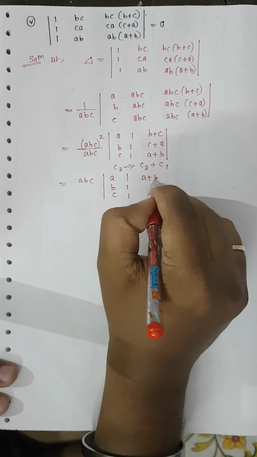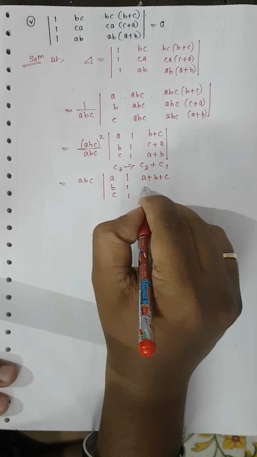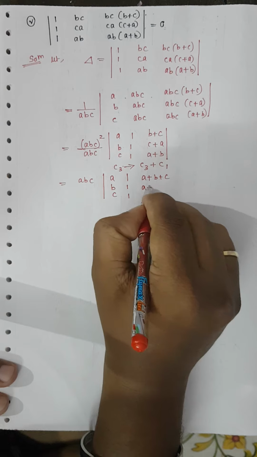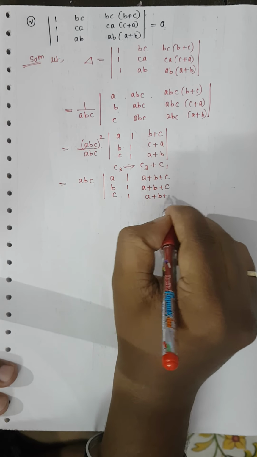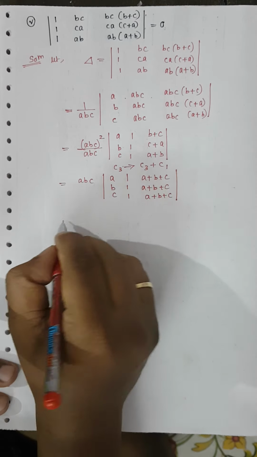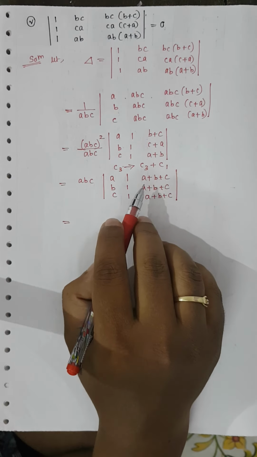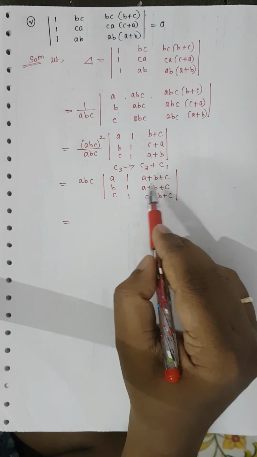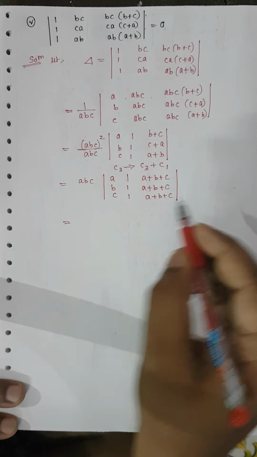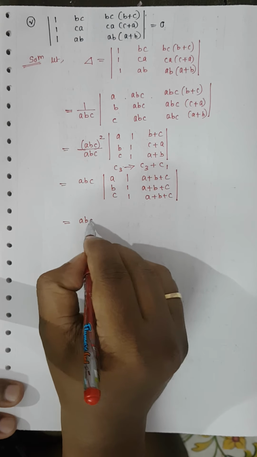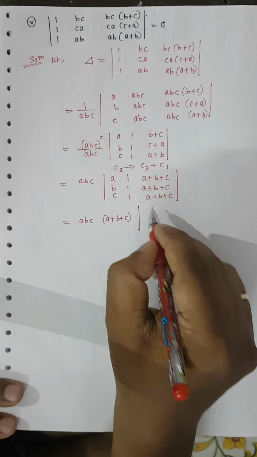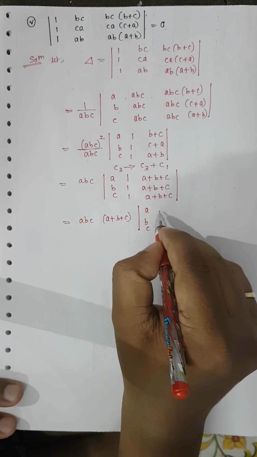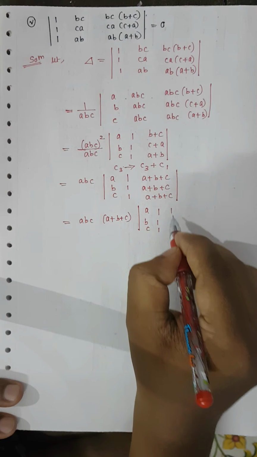It is A plus B plus C, then again B plus C plus A means A plus B plus C, then again A plus B plus C. See, in column 3 there is a common factor A plus B plus C which can be taken common. So it becomes A plus B plus C into A B C, 1 1 1, 1 1 1.